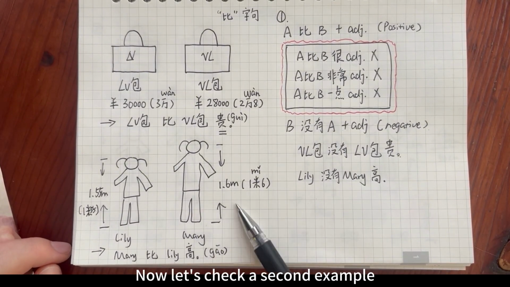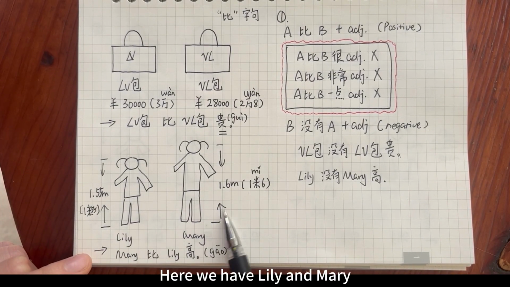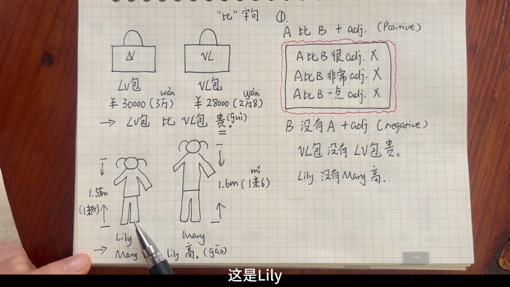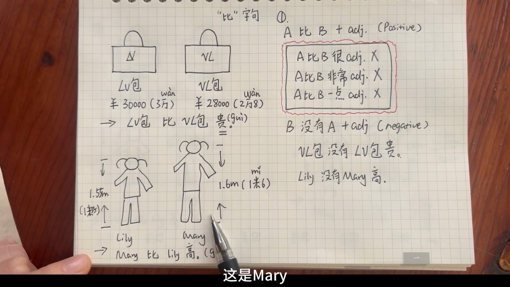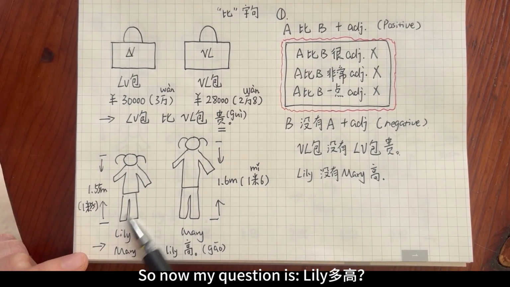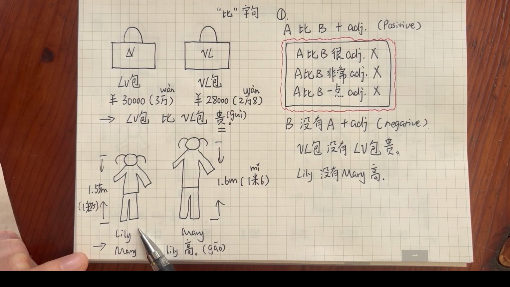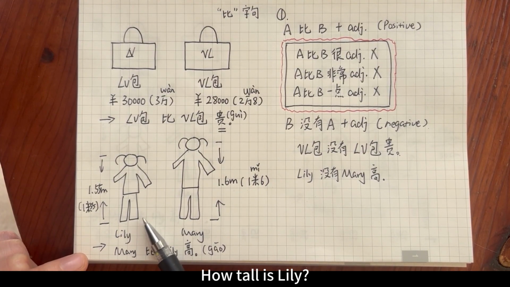Now let's check a second example. So here we have Lily and Mary. 这是 Lily. This is Lily. 这是 Mary. This is Mary. So now my question is, Lily 多高? How tall is Lily?